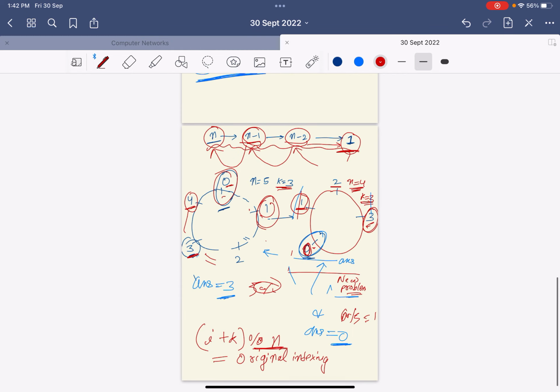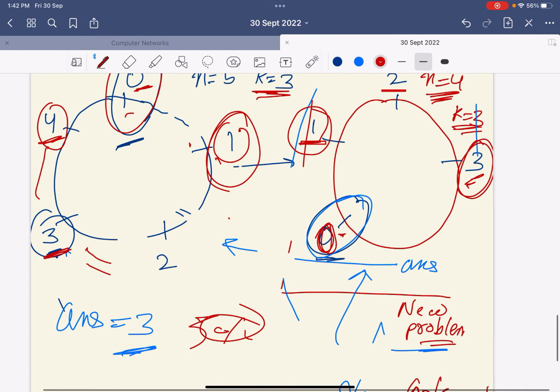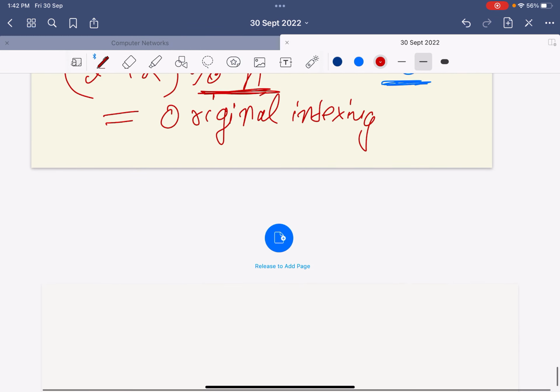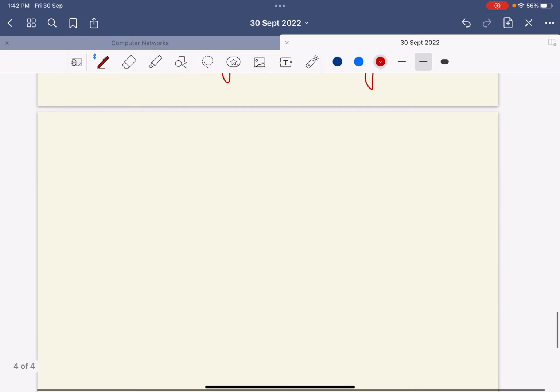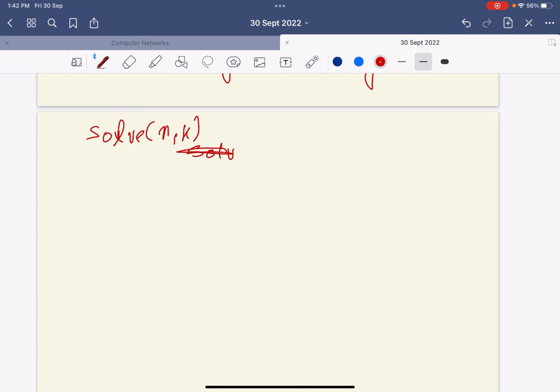So what I can say is that whatever answer I'm getting from my subproblem, instead of solving for n comma k, I'll solve for n minus 1 comma k.